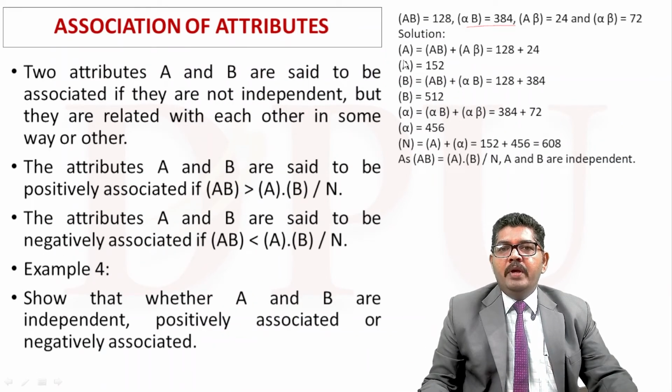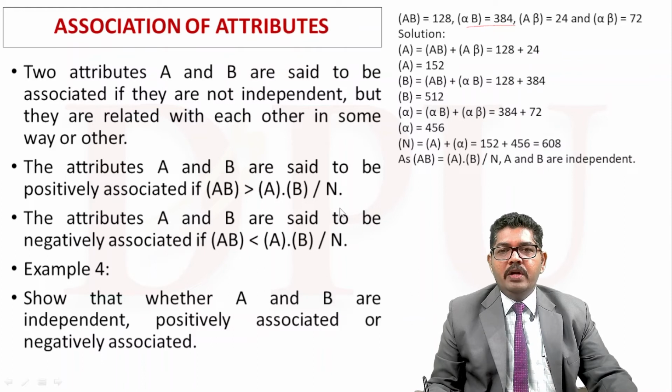The value of A comes to be 152, the value of B comes to be 512, the value of alpha comes to be 456, and so on. Now we have to check the attributes A and B, whether they are positively associated, negatively associated or independent.